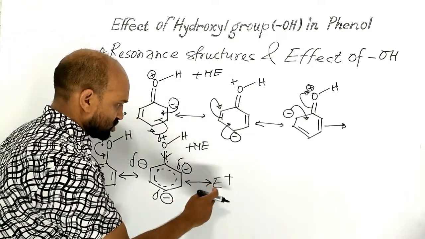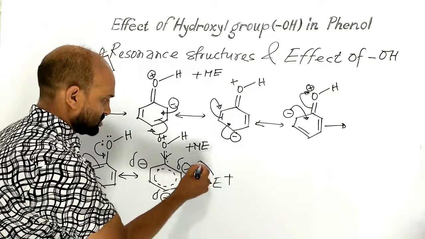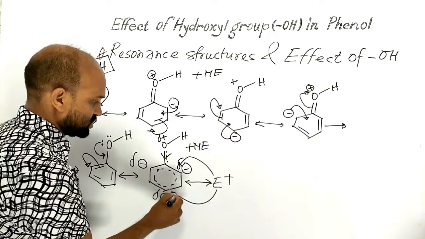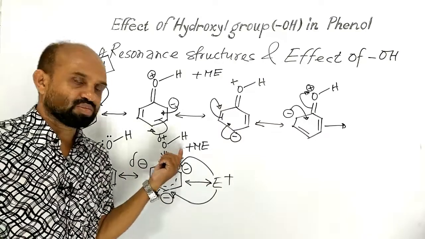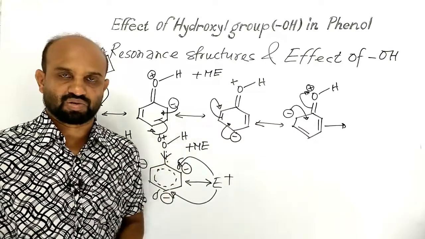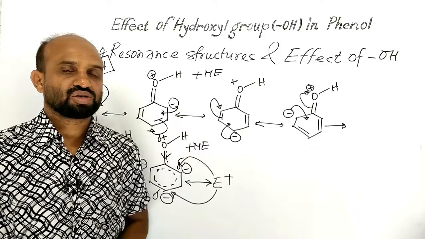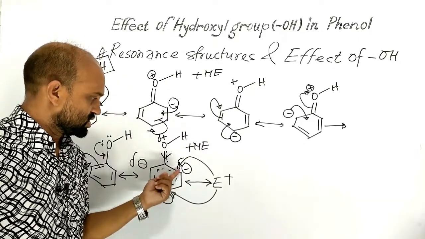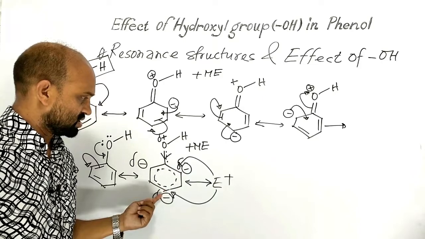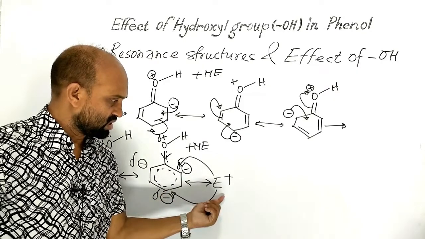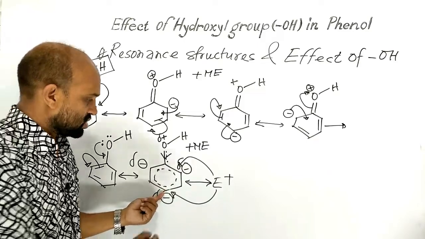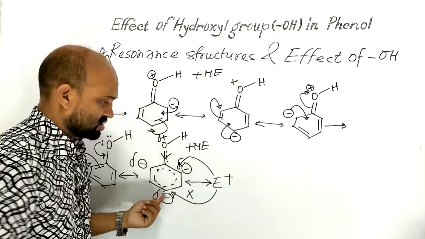Here electrophile attacks ortho position and para position because of the presence of hydroxyl group, because hydroxyl group increases electron density at ortho position and at para position. That is why electrophile attacks ortho position and para position, not meta position.